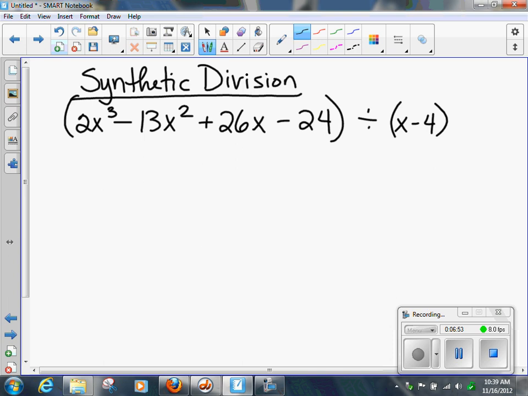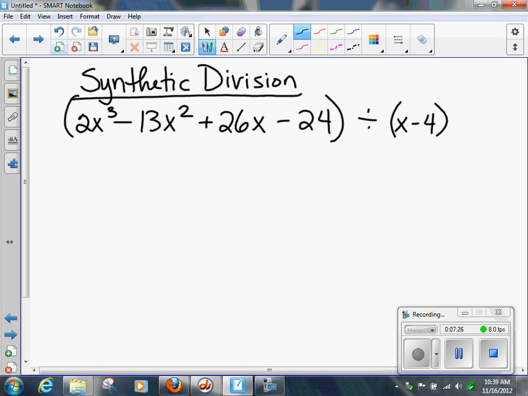Okay. Now, synthetic division is a different way to look at long division. Remember when we were given quadratics and you would have to find the zeros, and then we backed up and said, if the zeros of a quadratic are 2 and negative 1, what would the factors be?